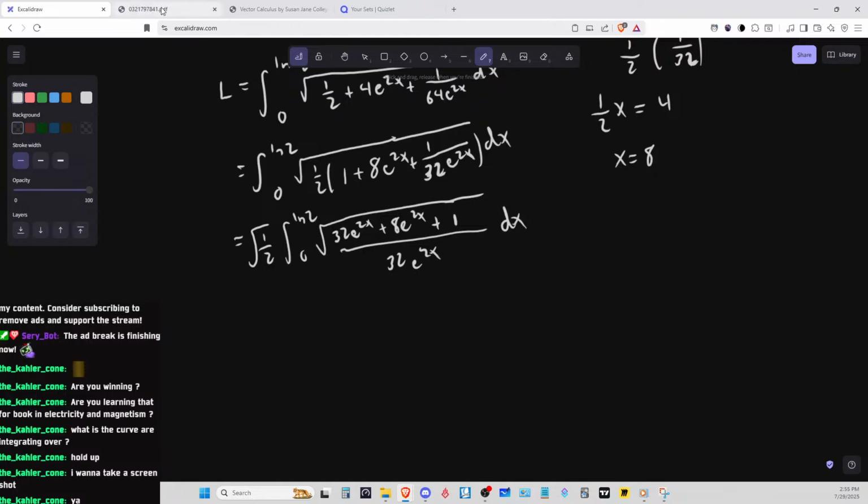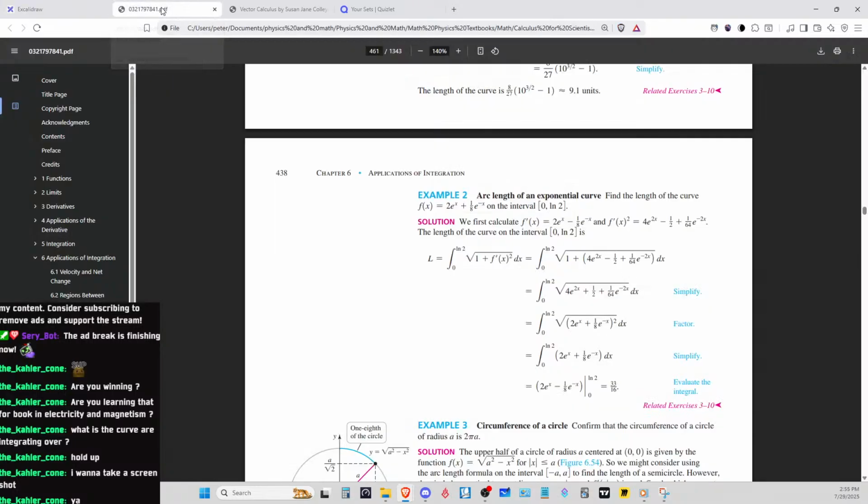What they did in the problem, because this is an example problem, so maybe I did something wrong here. Yeah, this looks super short. I probably didn't do a step here. Let's see what we got. Minus a half.